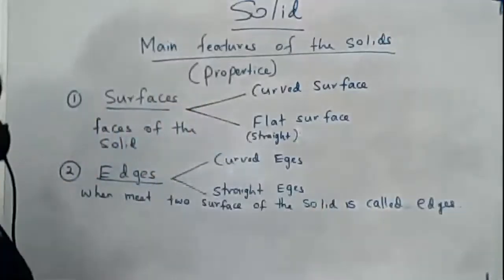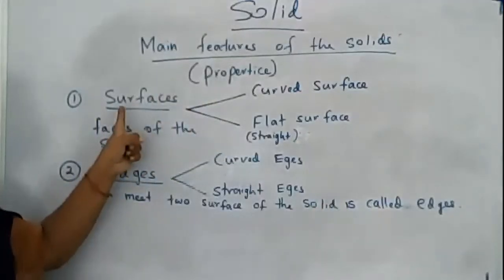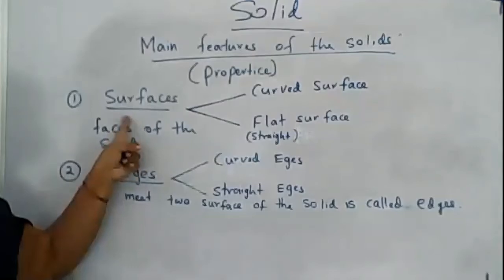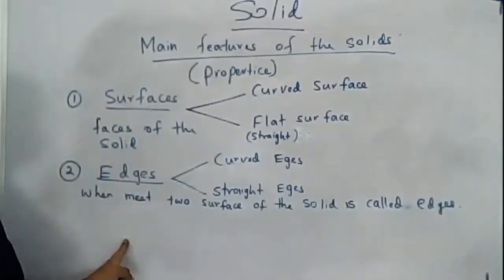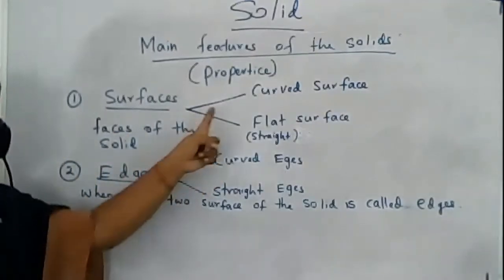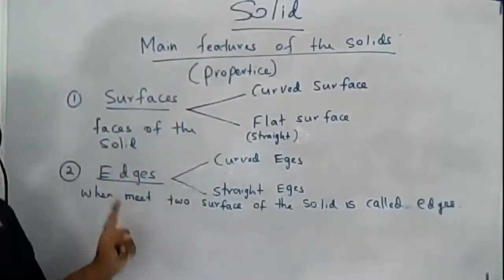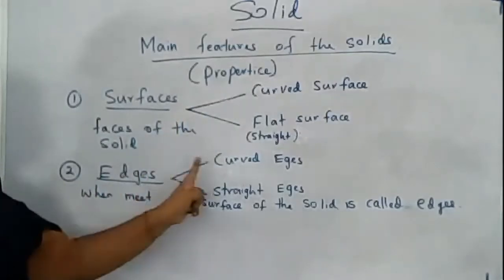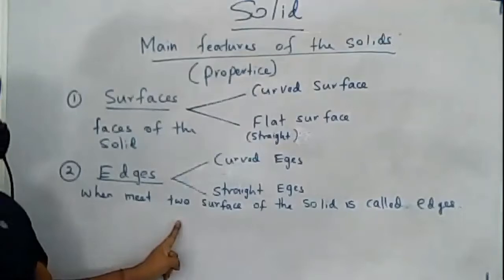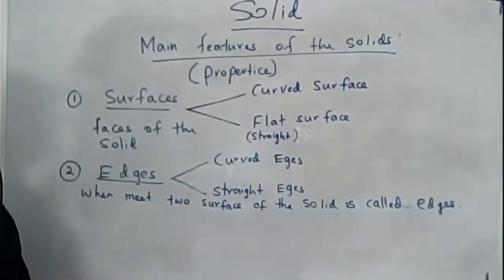Write down this. I think you can understand surfaces, main property, and the edges. Surface is dividing in two parts, curved surface and flat surface, and edges dividing into curved edges and straight edges, right? Write down this in your book.